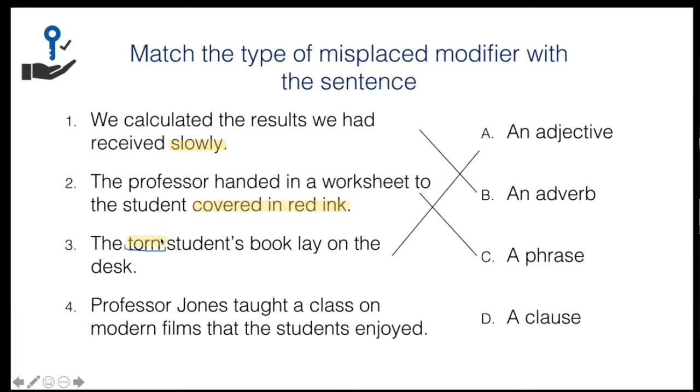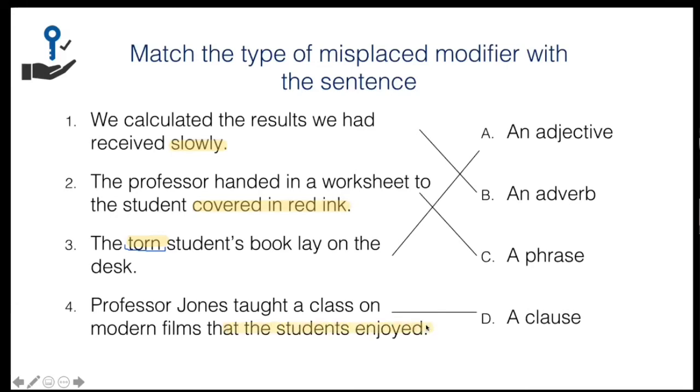"Torn student's book." Is it a torn student or it's a torn book, right? Of course, we may figure out what the author meant, but it's not exactly clear from the first reading. And the last one, right, that would be D, it's a clause.